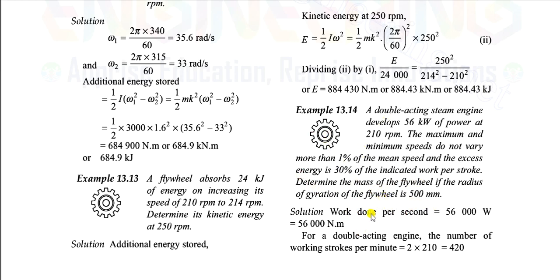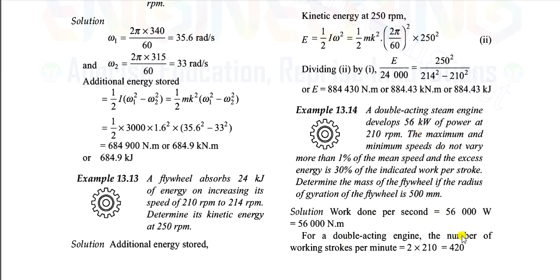First, work done per second is given, not work done. Here exactly it is work done, because Newton into meter is joule. Newton into meter means F into delta x, which is nothing but work, but here it is work done per second, that is power. So 56 kilowatt is 56,000 watt.